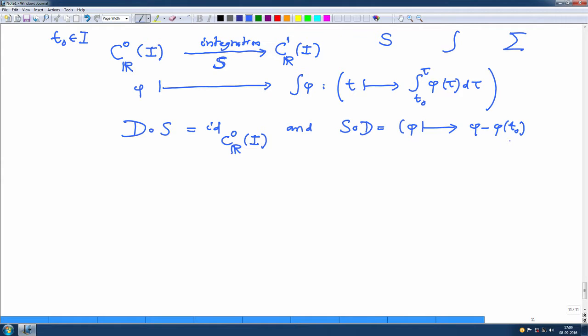That is why phi at t naught. So from this equality it is clear D is surjective, because D composed with S is identity. Also S is injective is clear, but they are not isomorphisms.